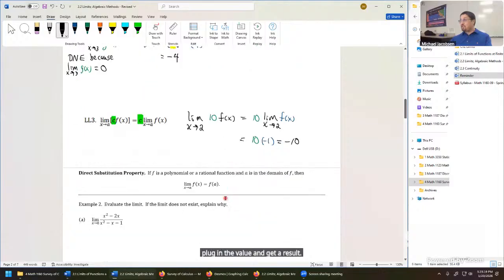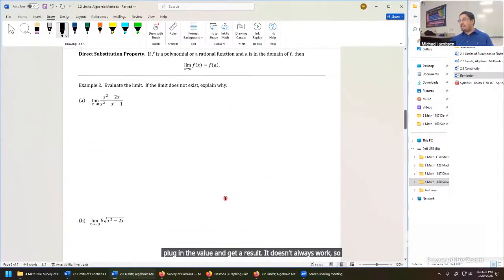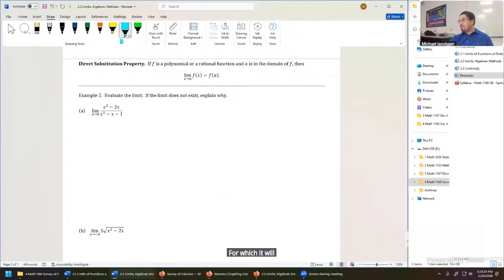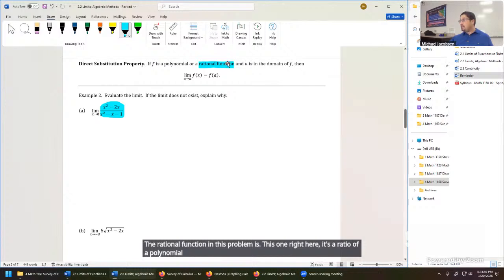It doesn't always work, so we're really interested in the entire classification of functions for which it will work. So let's look first into the rational function. The rational function in this problem is this one right here. It's a ratio of a polynomial divided by a polynomial.